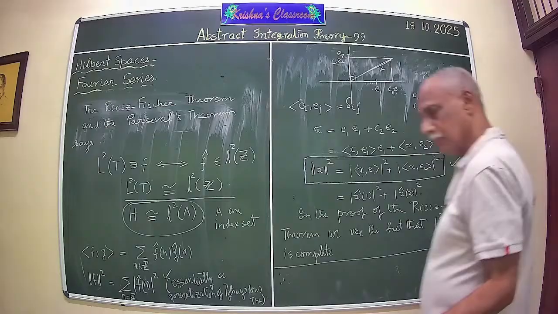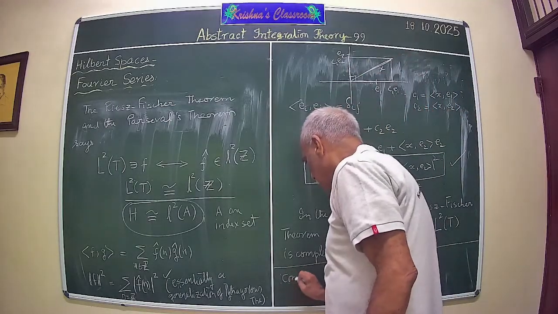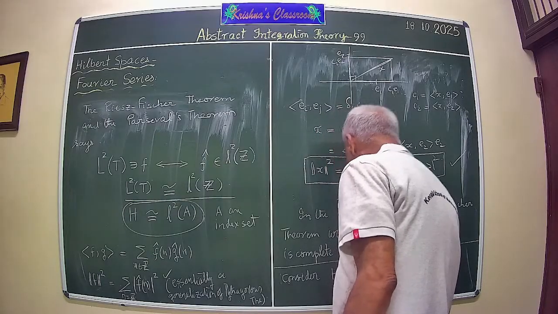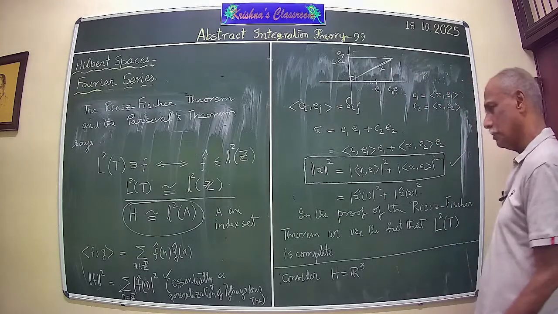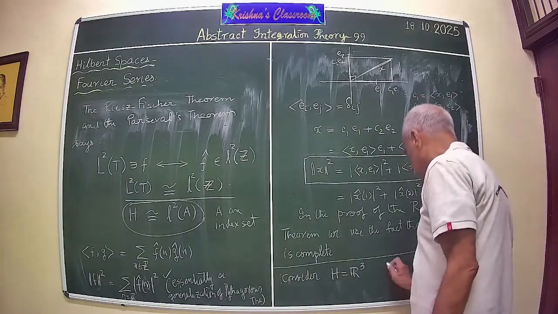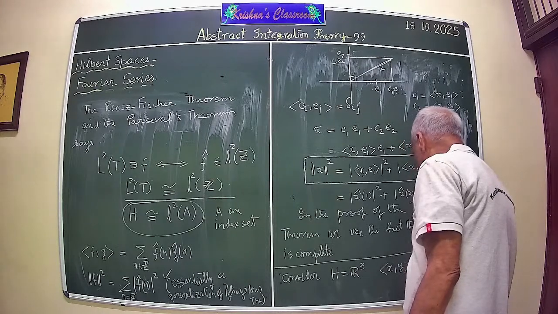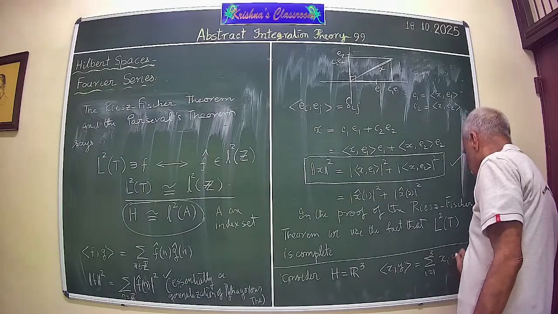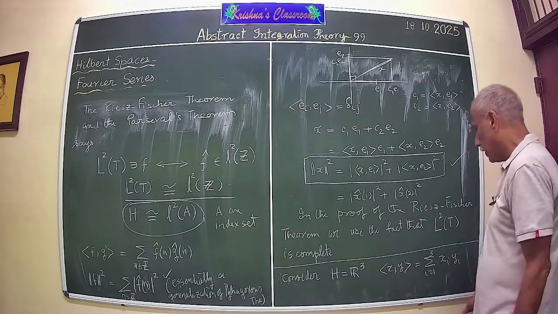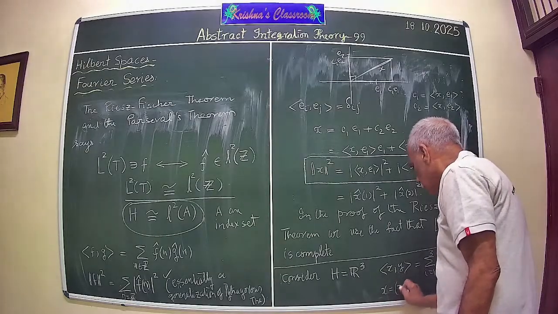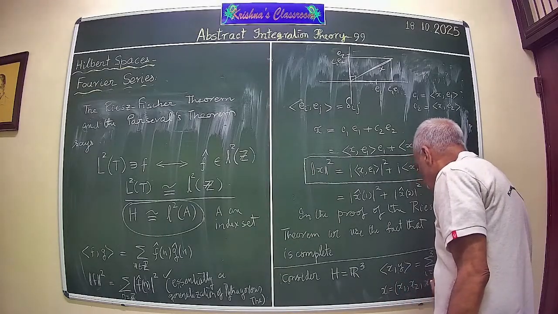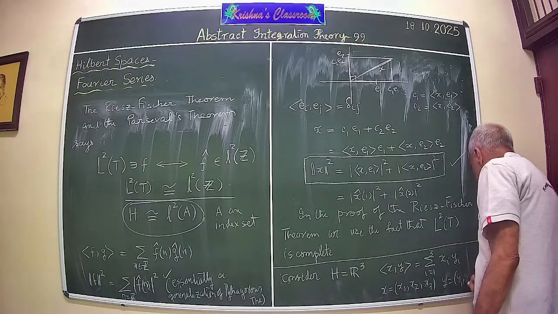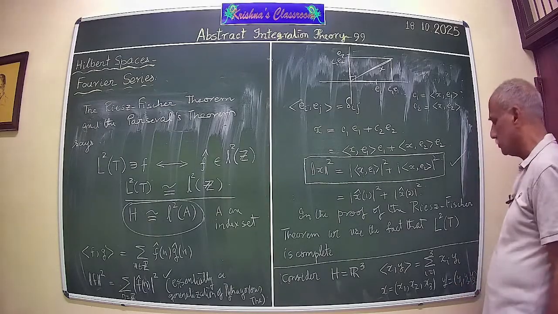Let's give an example. Consider R3. R3 you know, and the inner product is the sum of xi yi, where x equals x1, x2, x3 and y equals y1, y2, y3.